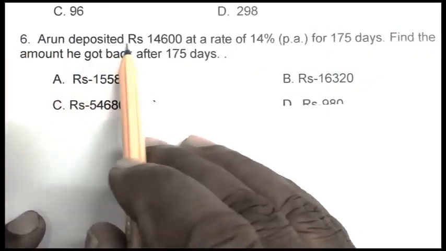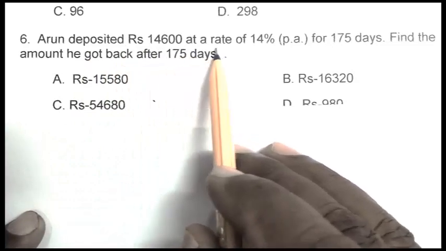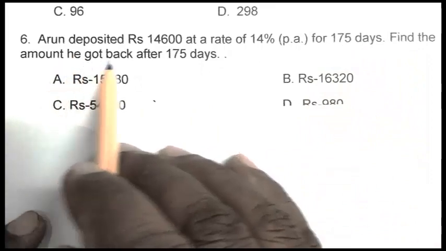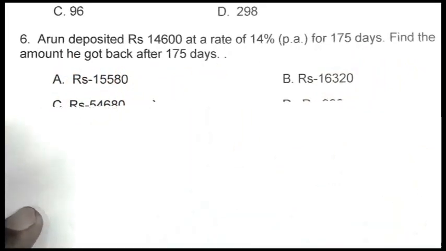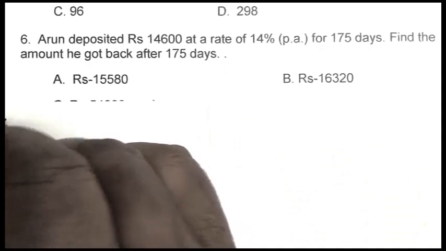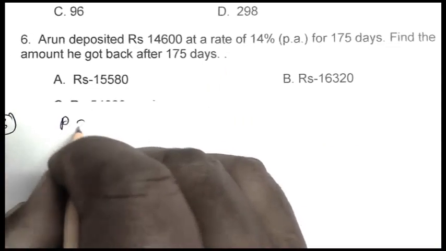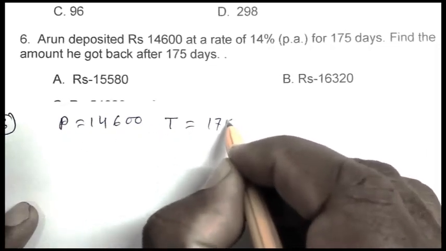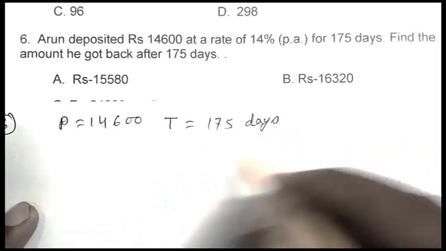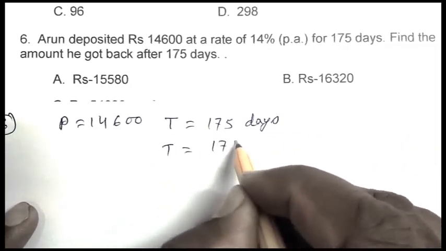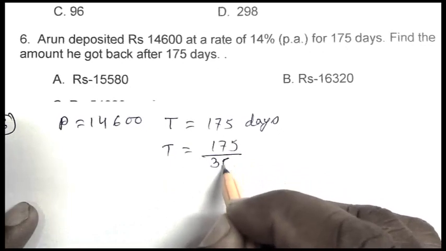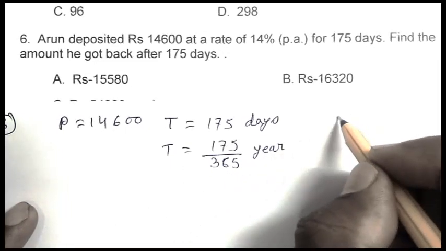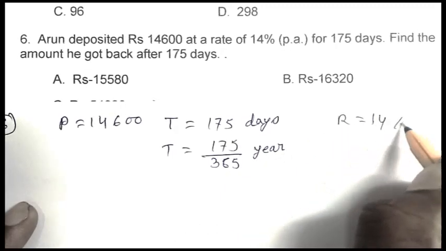Question number 6. Arun deposited rupees 14,600 at the rate of 14% per annum for 175 days. Find the amount he got back after 175 days. We calculate it from the formula. P is 14,600, T is 175 by 365 year, rate is 14%.